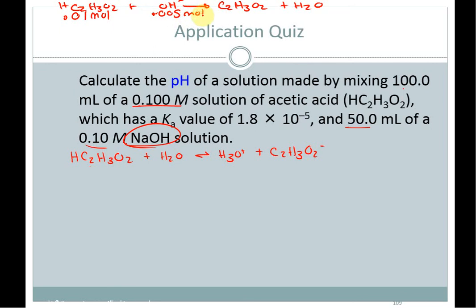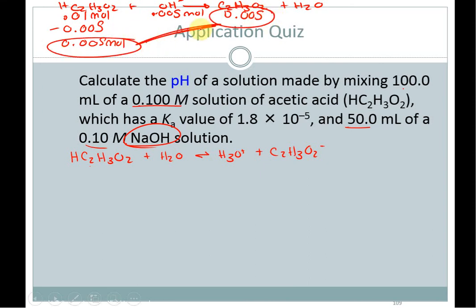We're essentially going to subtract this. So we know that we're really going to have 0.005 moles of this initially, and we're going to have 0.005 moles of this initially. This is what happens when we add in that strong base.